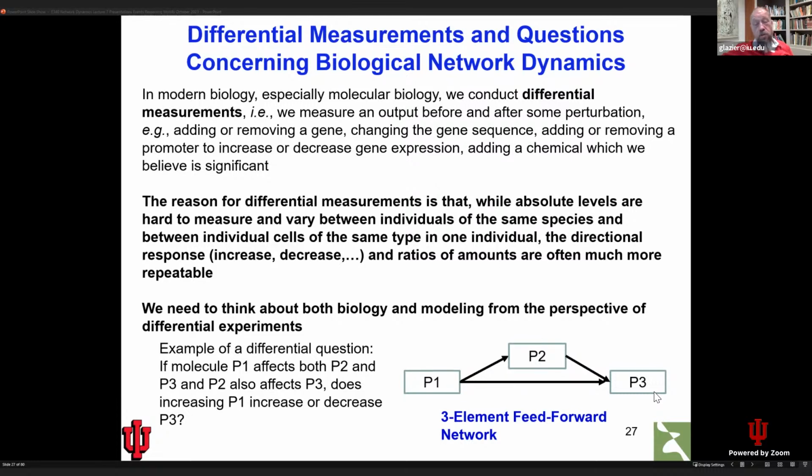In physics, we measure the pressure, we measure the temperature. And certainly we'll say if we increase this, something else will increase or decrease. But usually we're able to measure those things. In biology, differential measurements come about very much because it's hard to measure the exact values of things. And the other thing that comes about in biology is that there's a lot of variability.